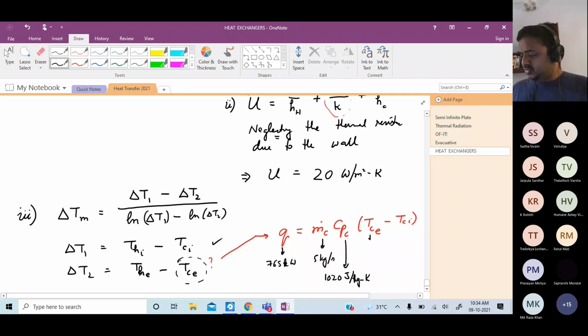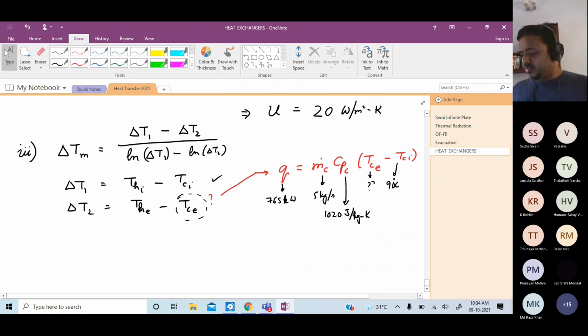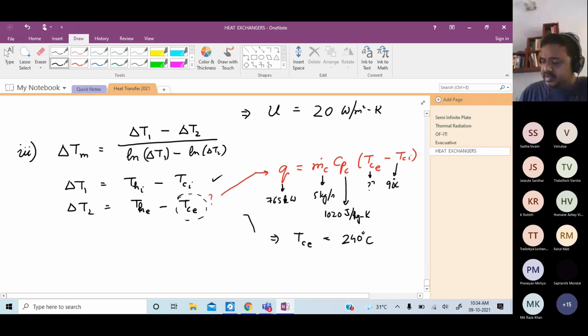TCE definitely I don't know, but TCI I know, 90 degrees. So from here you will get TCE around 240 degrees C. If you now plug it back here, you will get delta Tm, which is the LMTD, as per my calculations, 228 degrees C.